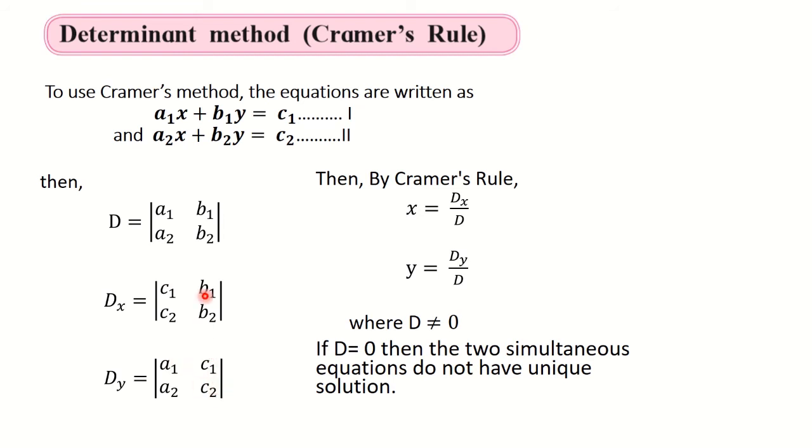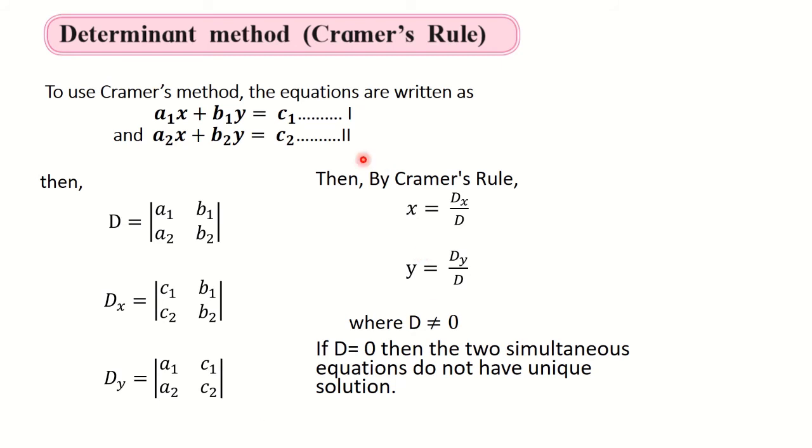Then simply observe: here this part is occupied, so this b1 and b2 you will copy down here, and for this you will copy down a1 and a2. This way you are going to write D, Dx and Dy. Then you can solve these determinants and you will get the values of D, Dx and Dy.